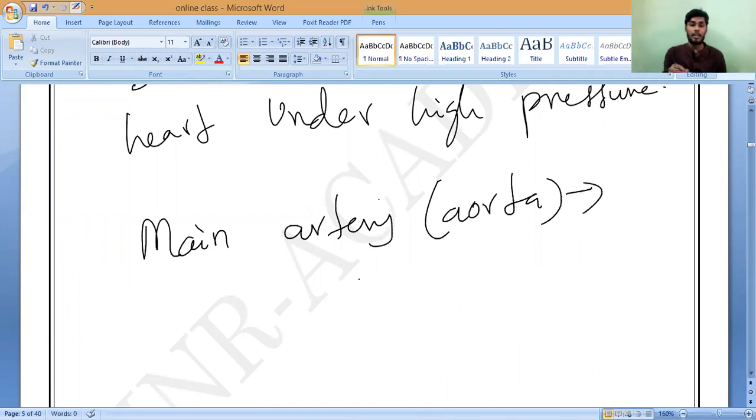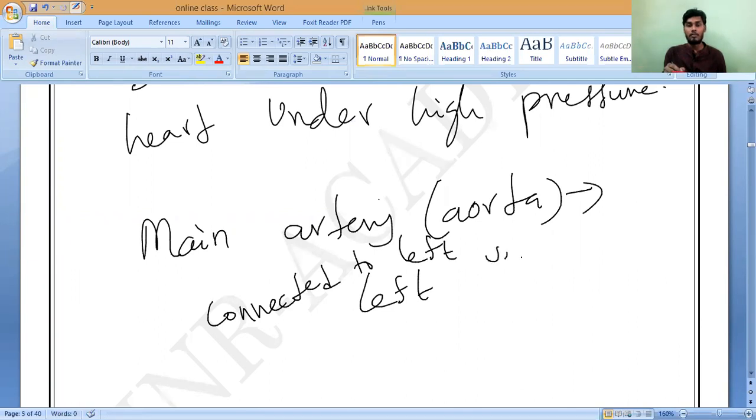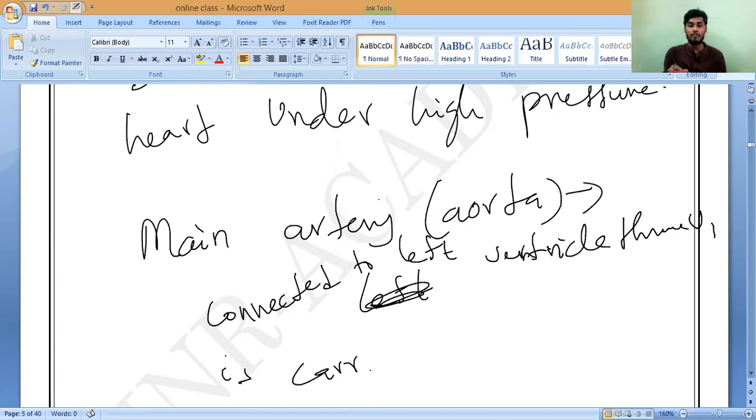Connected to the left ventricle through valve V1, it carries which blood?